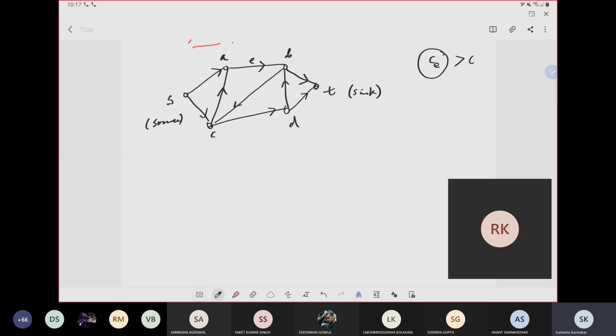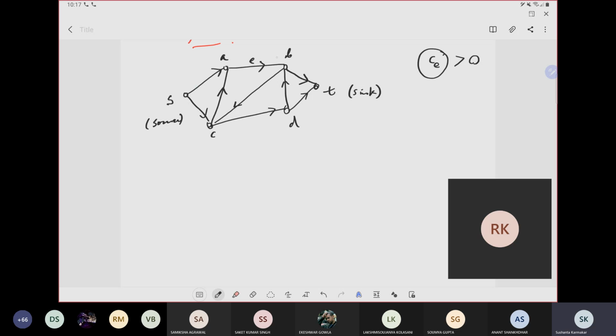Now, this is one important thing: every edge has a capacity. That means this edge, S to A, every edge has capacity.